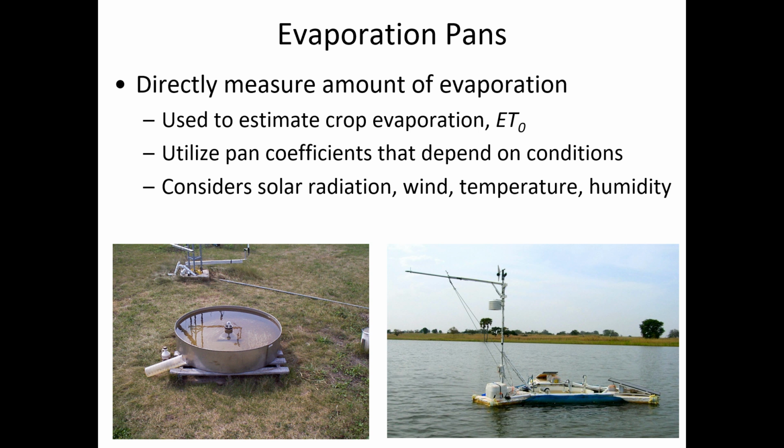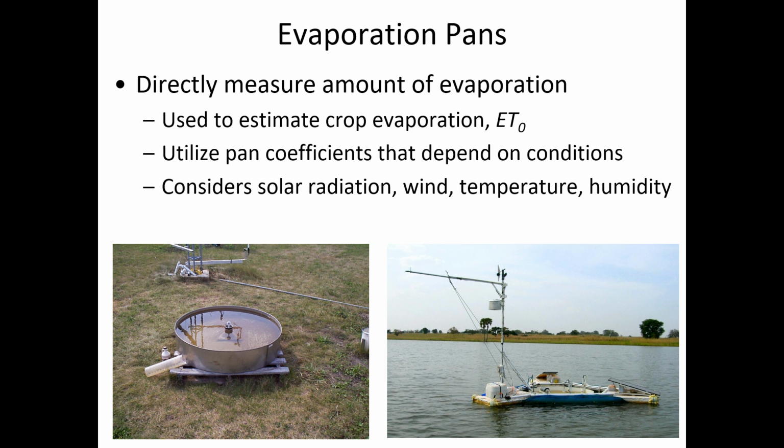Some texts draw the distinction between evaporation, which is water coming directly from the surface, so if there was a droplet of water on the top of a leaf and that droplet evaporates, that would be evaporation, but evapotranspiration would be when it comes out of the plant material itself.